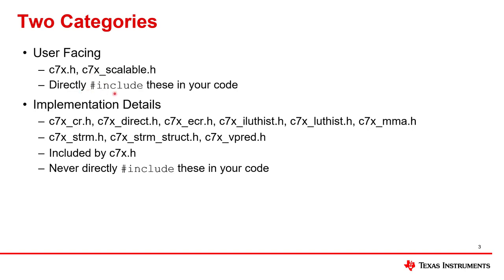And you do directly include these header files in your code, thus the term user-facing. If you go look, you'll see there are several more header files, and these are their names, and I will be mentioning them at parts in this video, but you never directly include these in your code because they are included by the header file c7x.h.